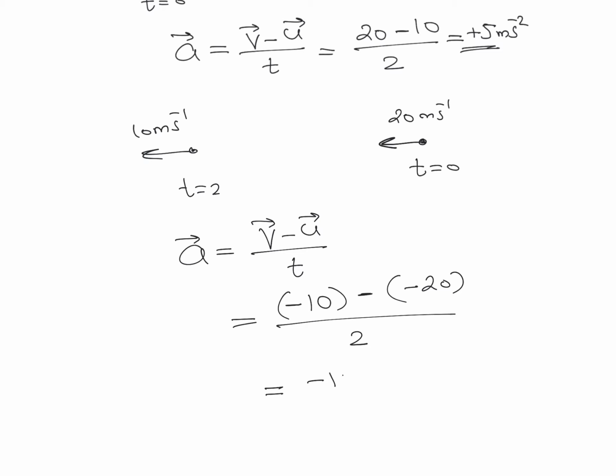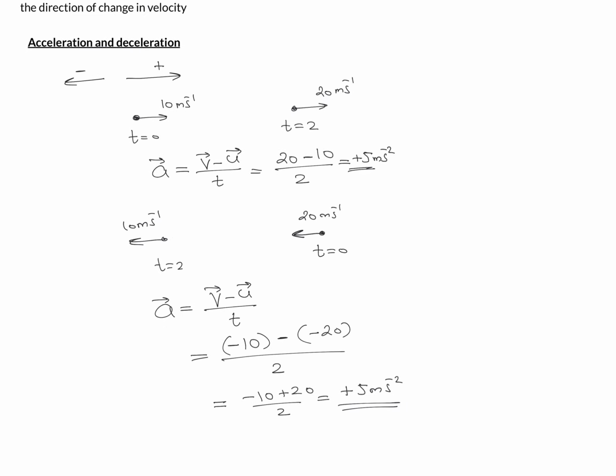So this is equal to minus 10 plus 20 divided by 2, and again we get the acceleration equal to plus 5 meters per second square. Just remember that in both situations the acceleration is positive, but in one situation the speed of the particle is increasing, and in the other the speed of the particle is decreasing.